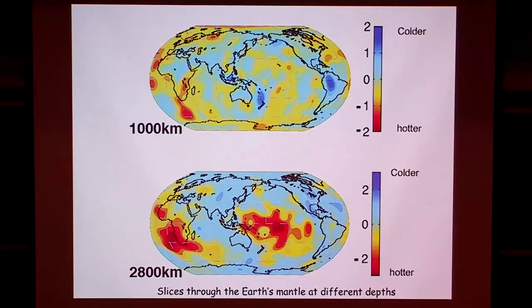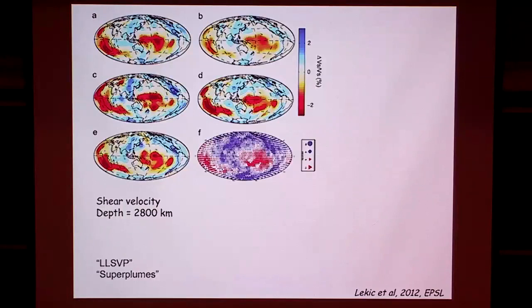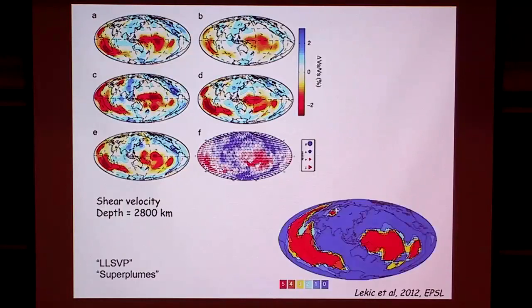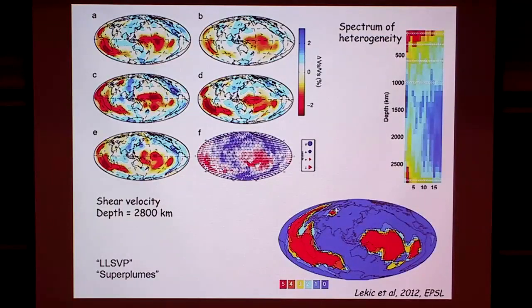fast velocities. And again, to illustrate this, I think Ved showed something similar, or perhaps exactly the same, in his talk. The different models differ in their details here at 2,800 kilometers. These are five different models constructed with different techniques and different data sets, but they all show very similar patterns, not in the details.